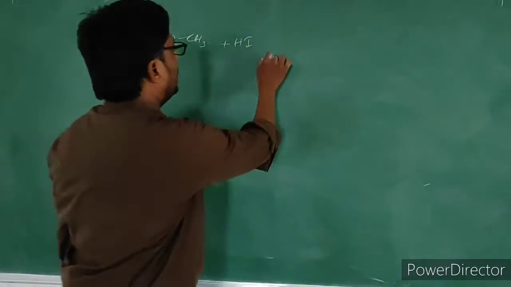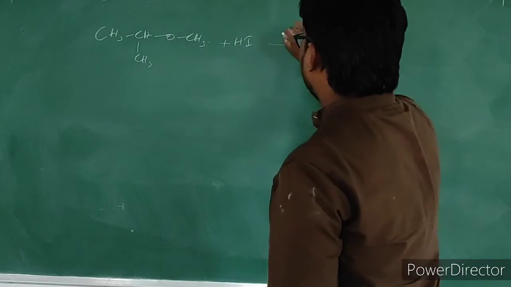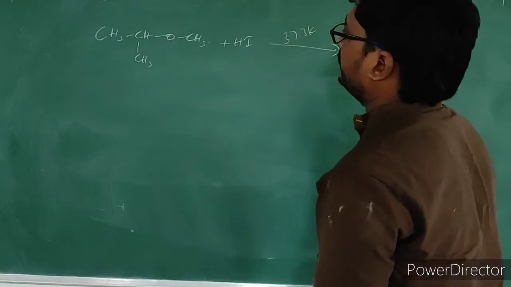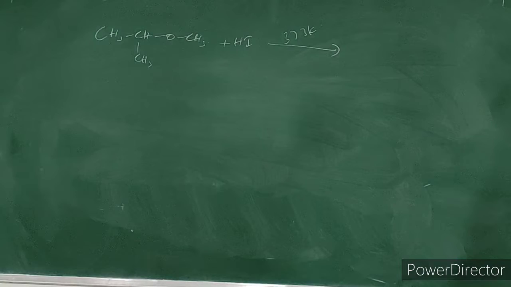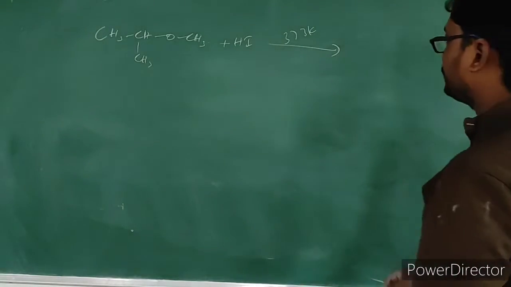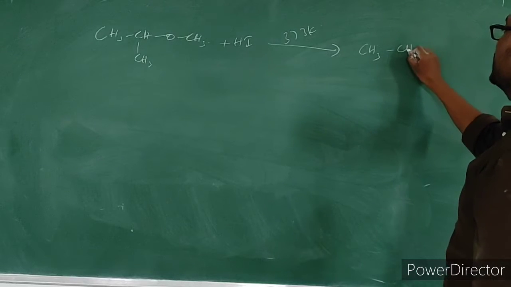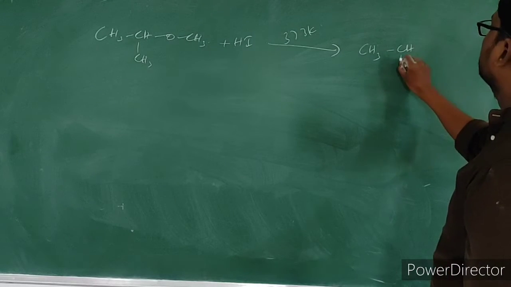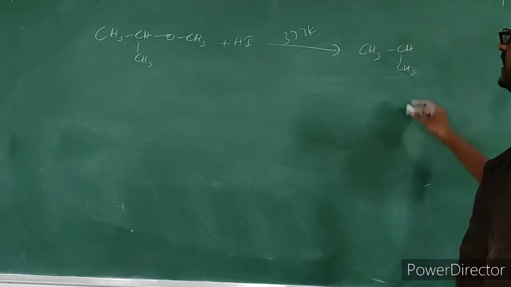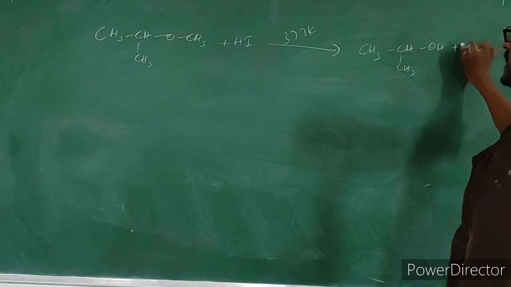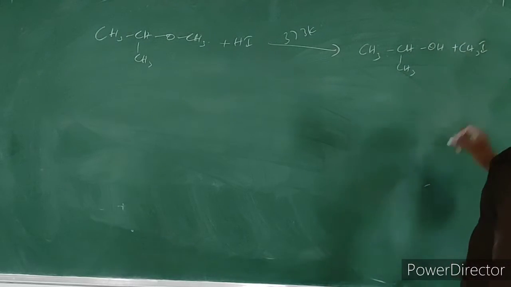Let us see what products are produced. This takes place at a temperature of 373 Kelvin. Here the products produced will be CH3OH plus CH3I.